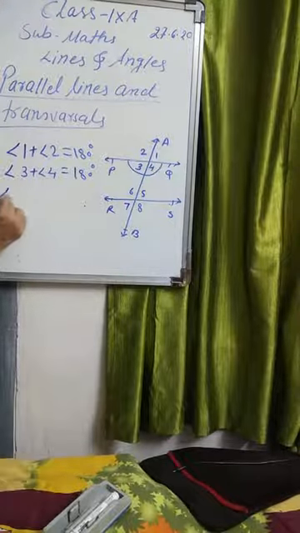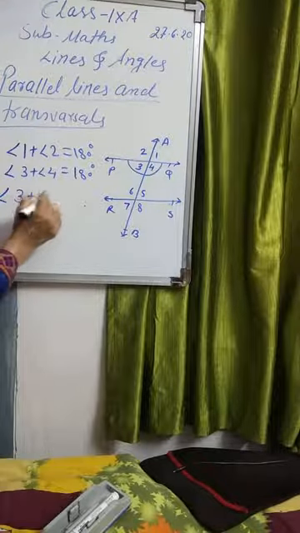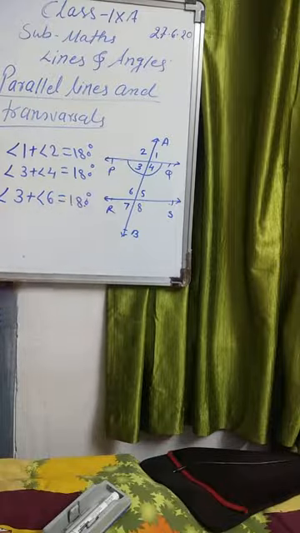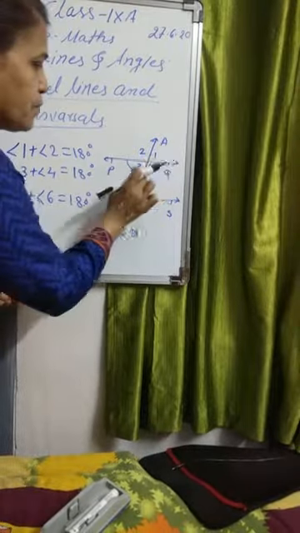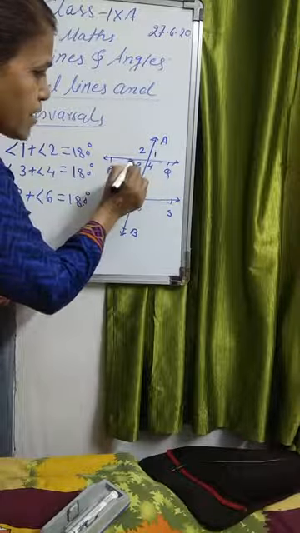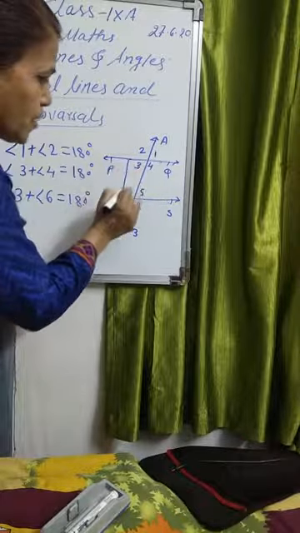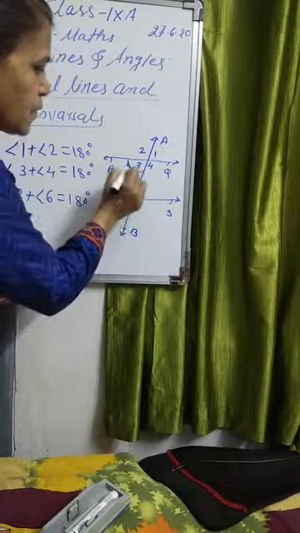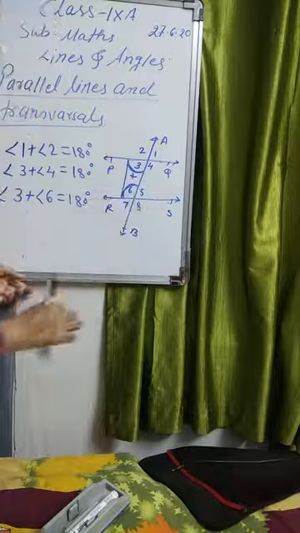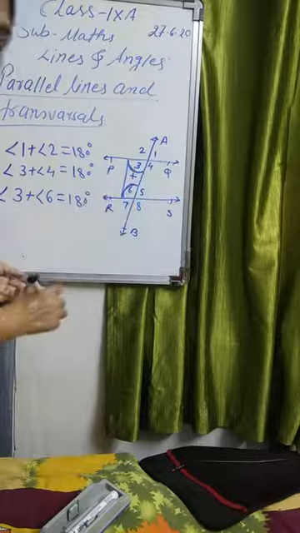Then again angle 3 plus angle 6 is equal to 180 degree. You know the linear pair, but the sum of these two angles is always 180 degree.